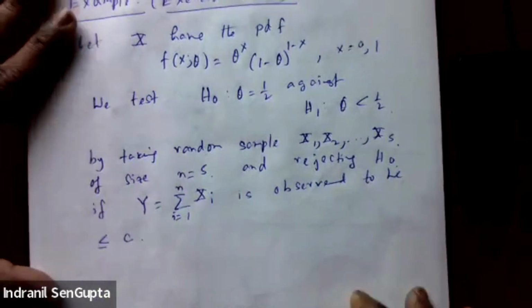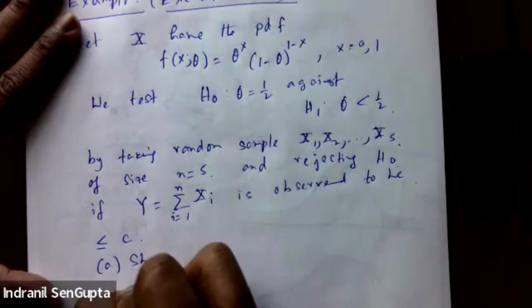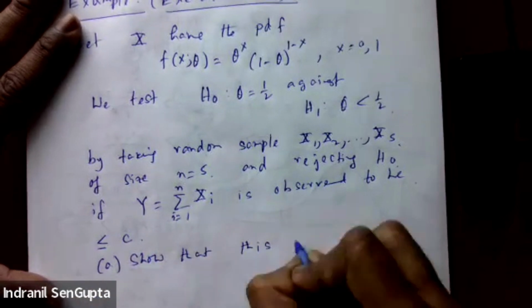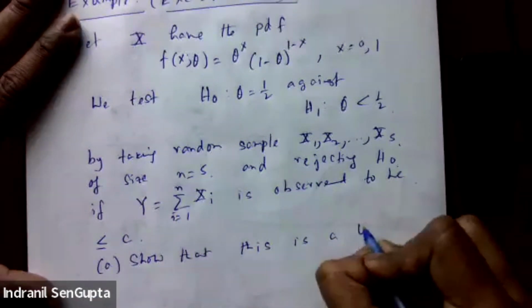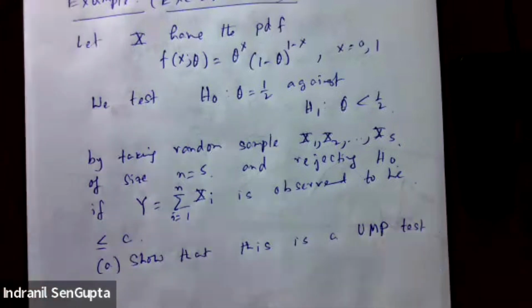Okay, so that's the scheme of the test. Part A is to show that this is a uniformly most powerful test.